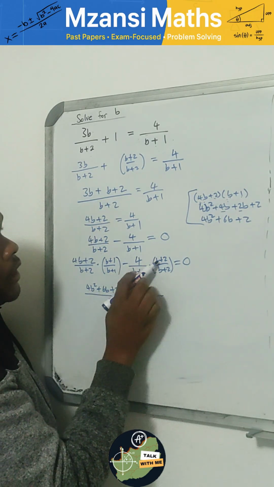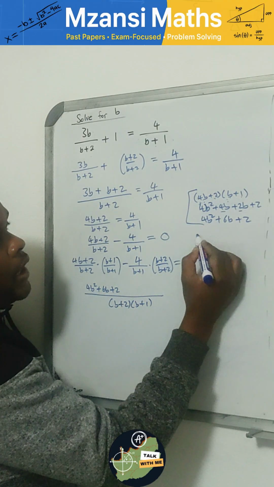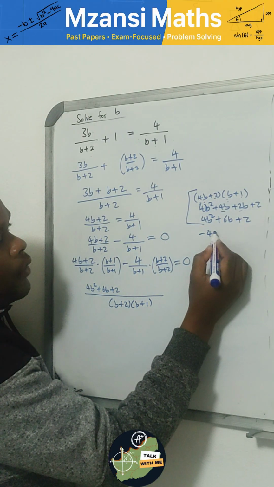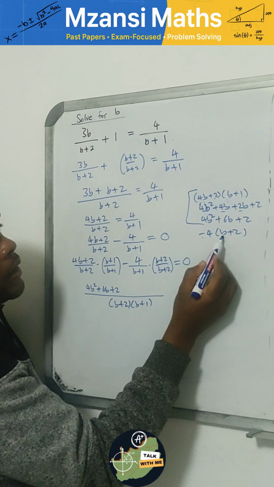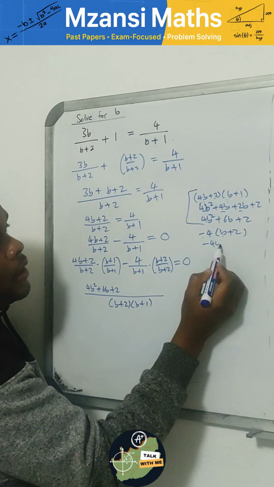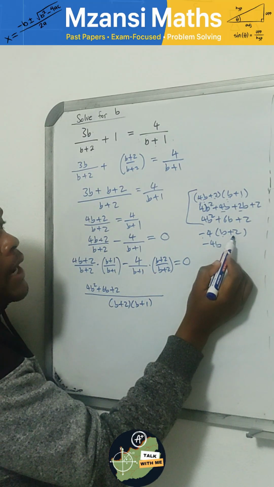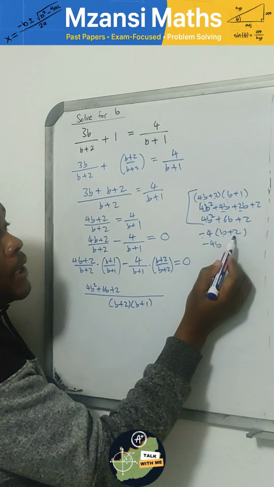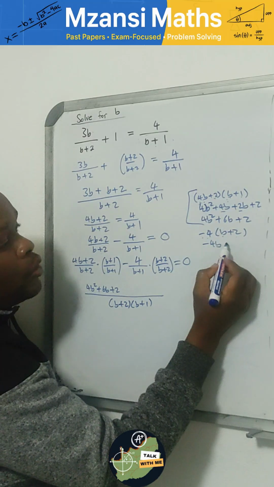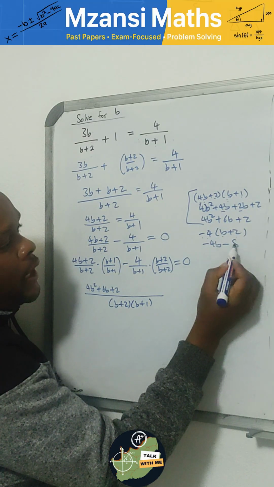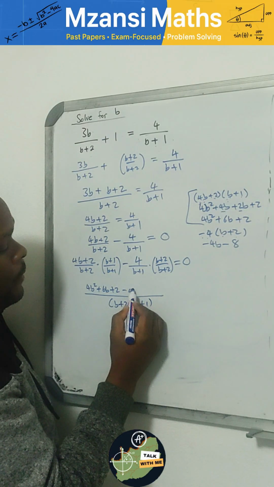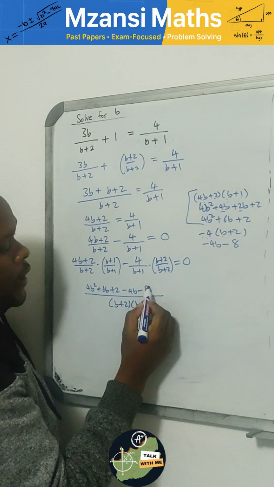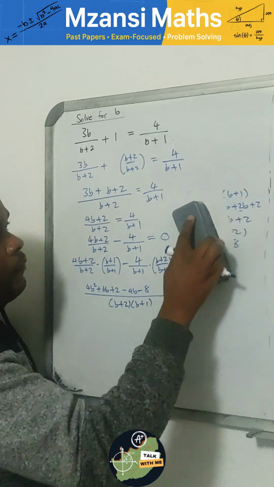And then you look at this numerator here, there you have minus 4b plus 2, right? Minus 4 times b is minus 4b, minus 4 times 2 will be minus 8. So here you have minus 4b minus 8, right?